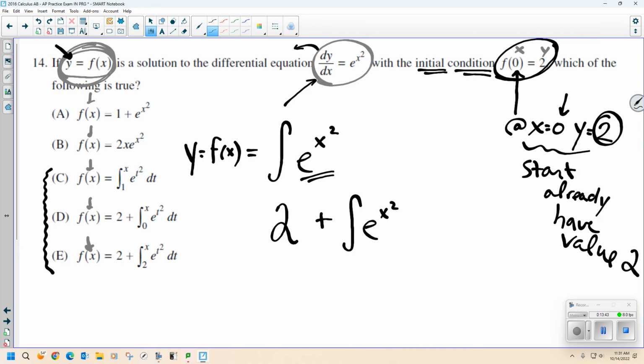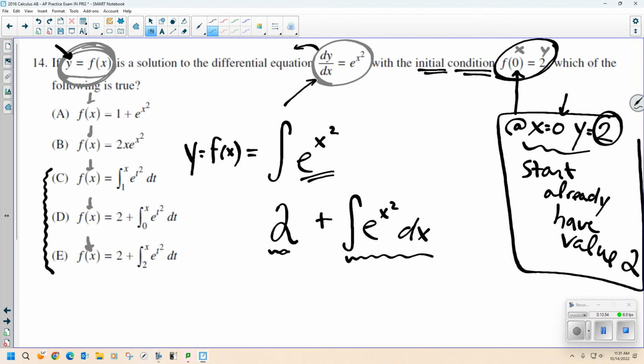Let's say for conversation's sake, this gives me a value of like 12, whatever. I need to add 2 to it because I had 2 to start before I even did the integral, right? So it's not A, it's not B. I need an integral. C does not have the 2 plus.